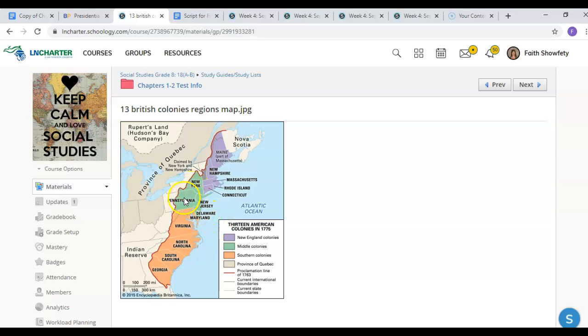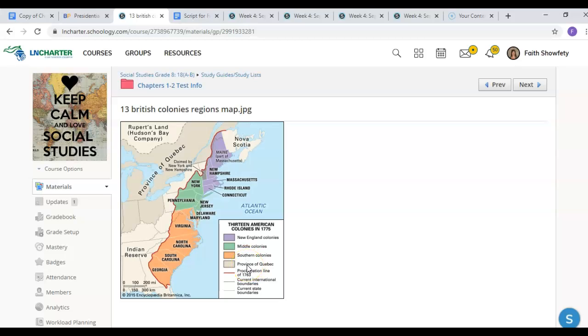The green colonies here belong to the middle colonies. And then the orangish colonies were the southern colonies. So when you were asked how many regions the 13 colonies were divided into, it's only 3.